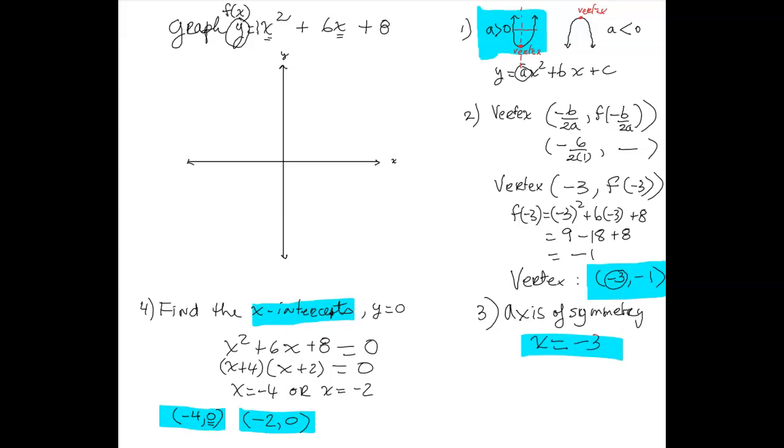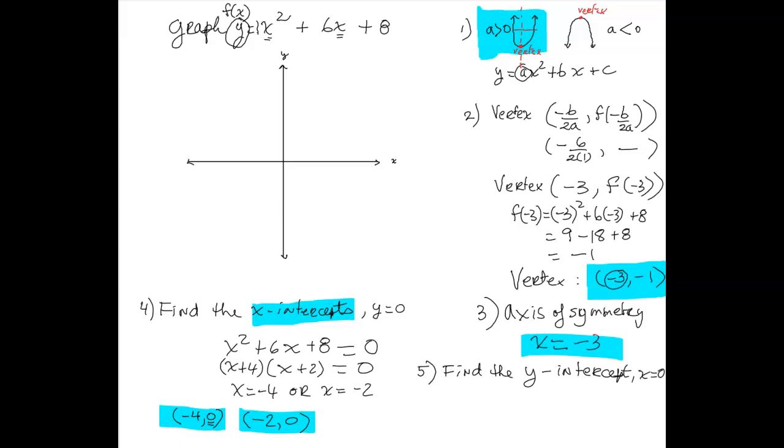The y-intercept. Okay, so number 5, find the y-intercept. There's only one, so I don't need an S. That's kind of easy because finding the x-intercept was when y equals 0, and the y-intercept is when x equals 0.